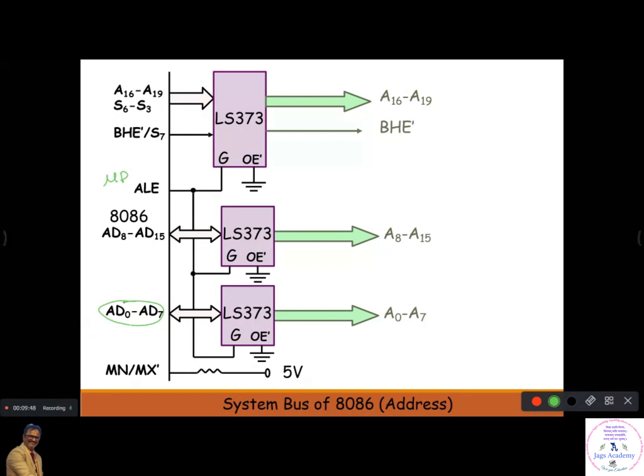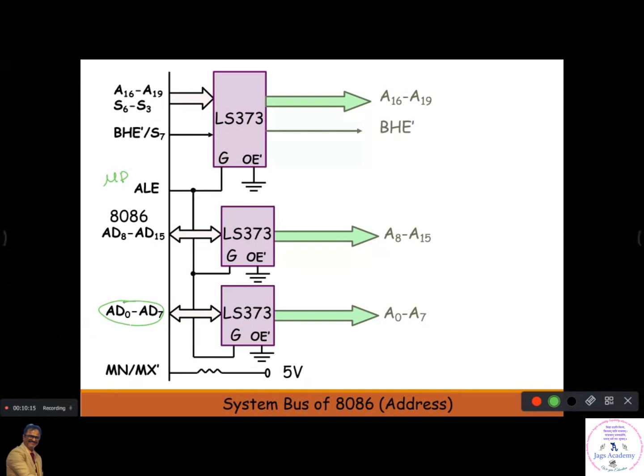These are octals, which means they have only 8 inputs. That's why I'm separating it into 8 lines here. But actually your microprocessor will have 16 multiplexed address data lines, which work as both address and data, and the remaining address lines, A16, A17 and so on, are also multiplexed with some other status signals. Now we have to demultiplex.